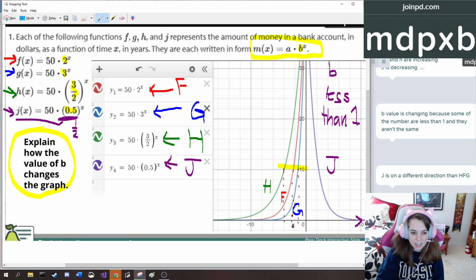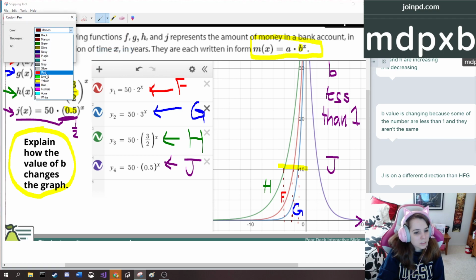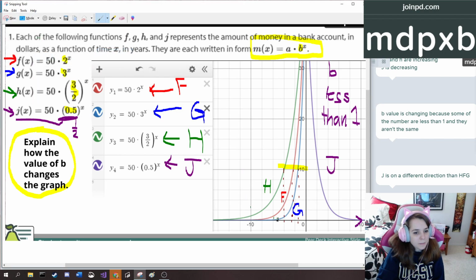So what is happening here? Why is that happening? If we look at the actual rates, for H, the rate is 3 over 2, which is 1.5, as the growth factor.